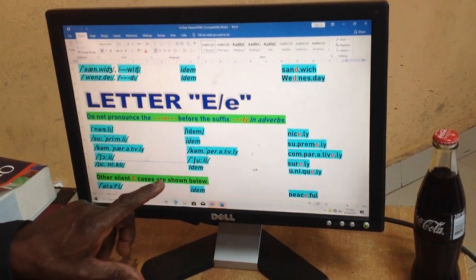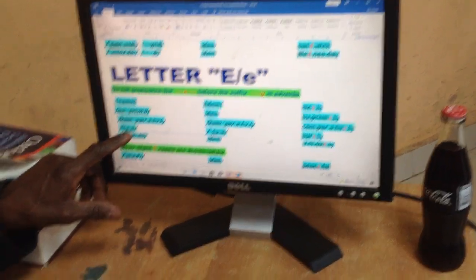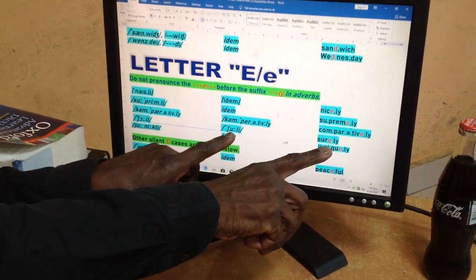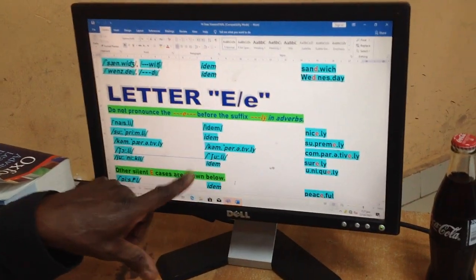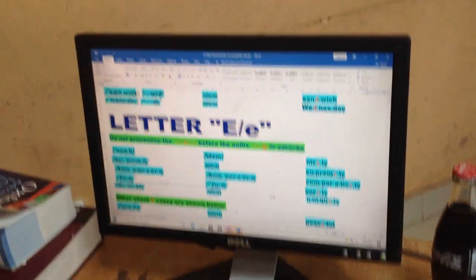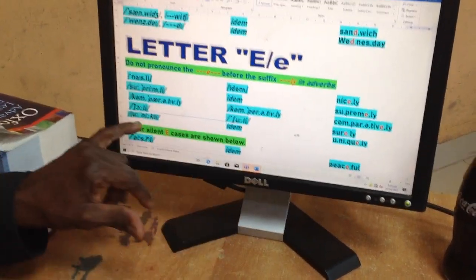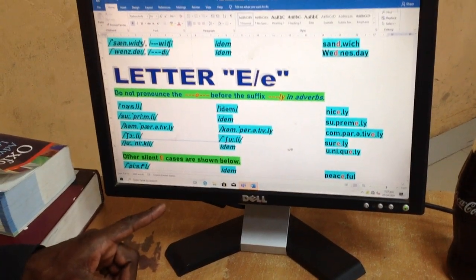That's American pronunciation. And then surely in the UK, surely in the US for that word. These are the pieces of information that you can find in your classroom dictionary. Uniquely, same thing, uniquely.